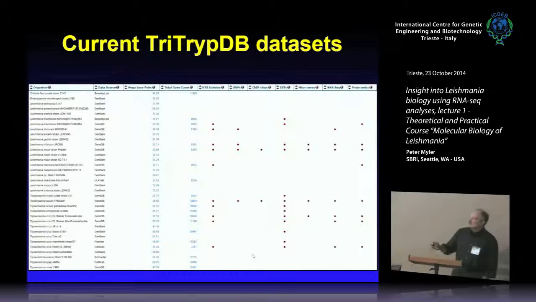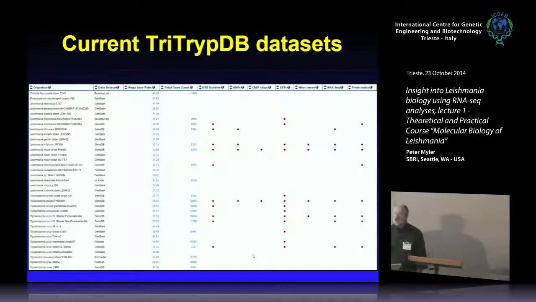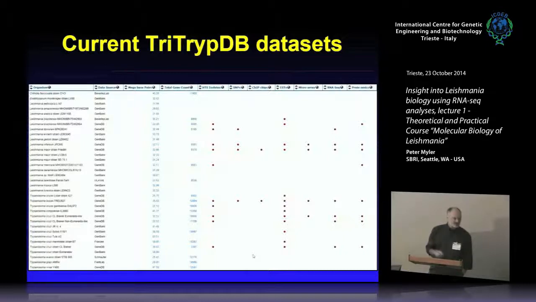You'll notice that many of these genomes don't currently have gene annotations on them. We're working with Steve Beverly and the WashU sequencing group and the Sanger Center to annotate all of these, and so probably by the end of the year, most of these genomes will have annotations associated with them, which I will warn you will not be 100% accurate and will be subject to change.